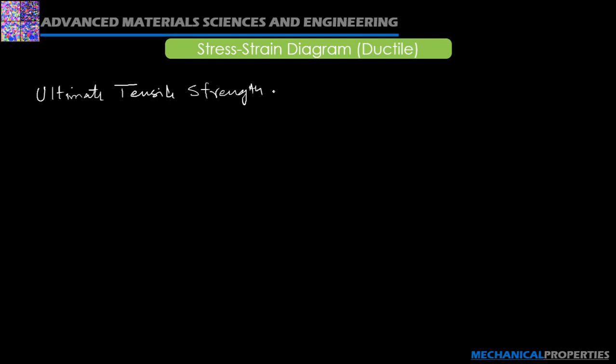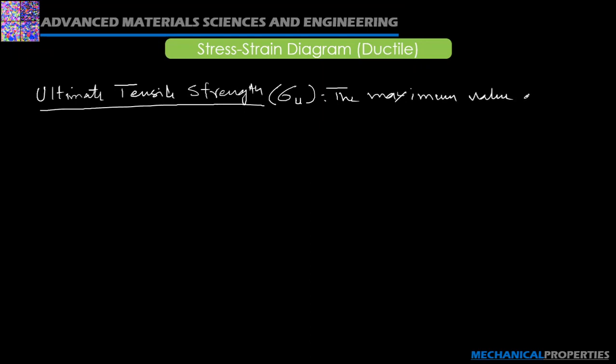For any material, this is symbolized with sigma u. This is the maximum value of the stress which a material can withstand.